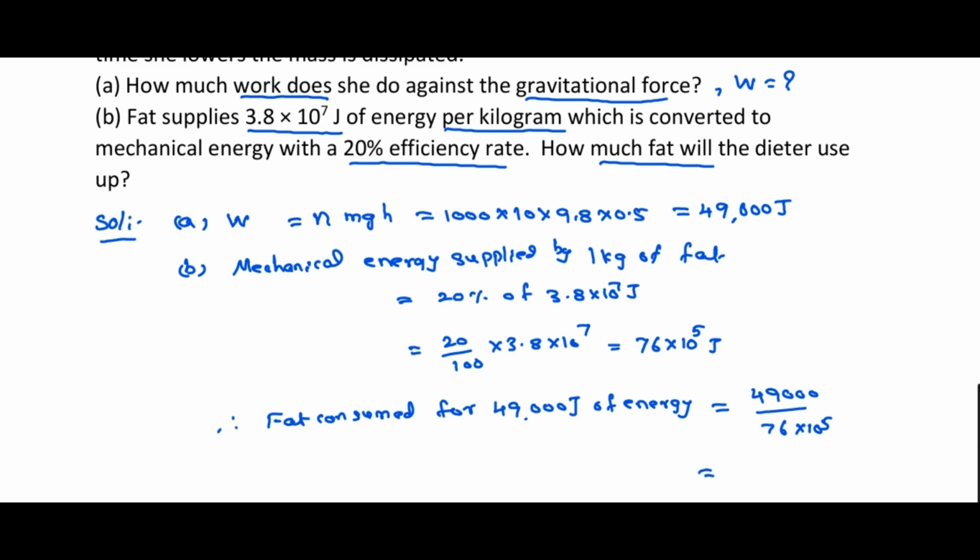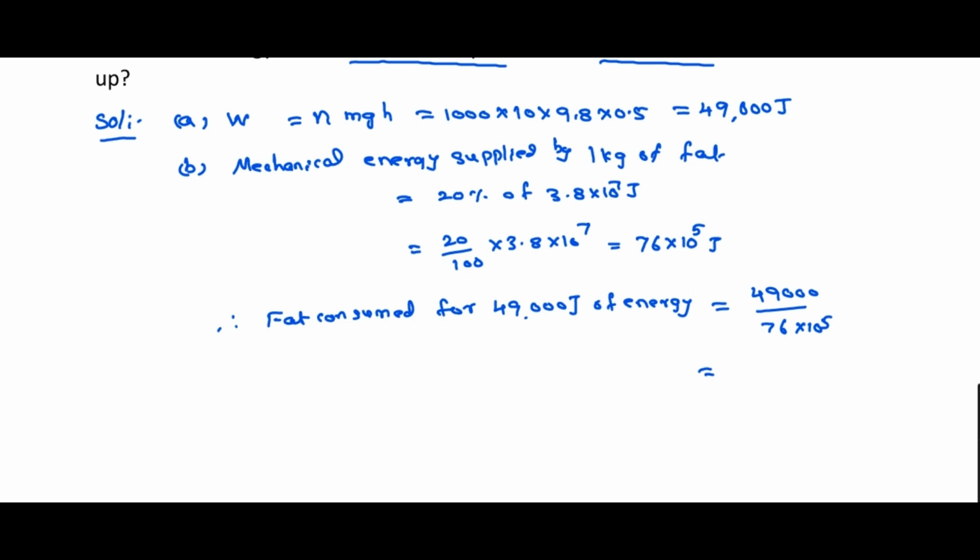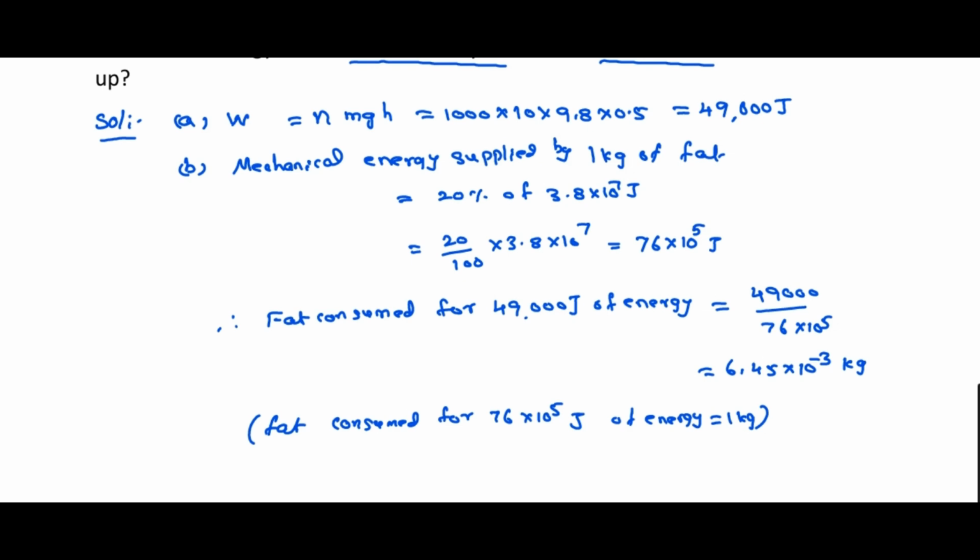That is equal to 6.45 into 10 power minus 3. Coming to the units, it will be in terms of kilogram. The reason is, fat consumed for 76 into 10 power 5 joule of energy is equal to 1 kilogram. So the ratio of work done to mechanical energy is nothing but the amount of fat consumed.